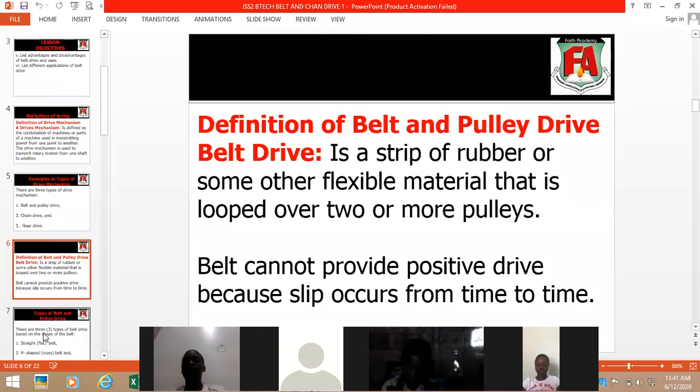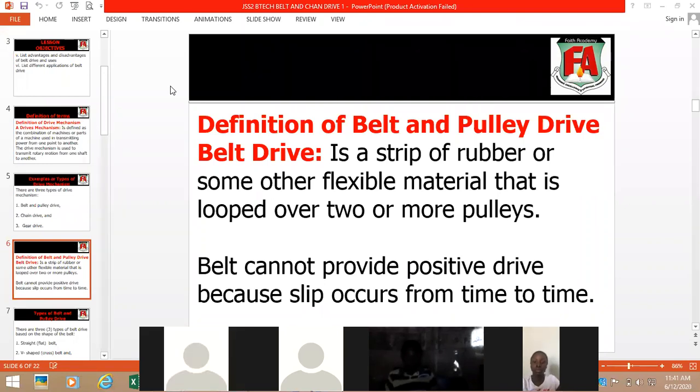A belt drive and pulley is a strip of rubber or some other flexible material that is looped over two or more pulleys.